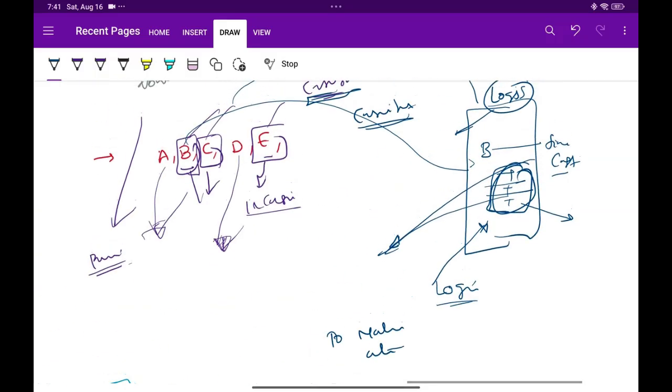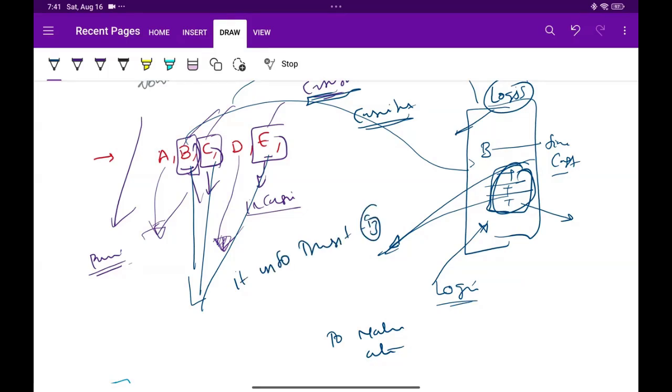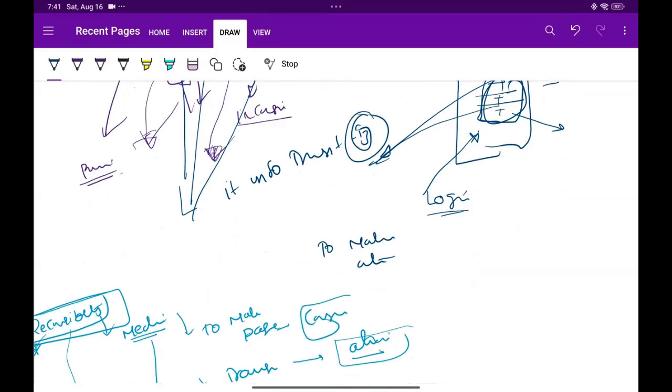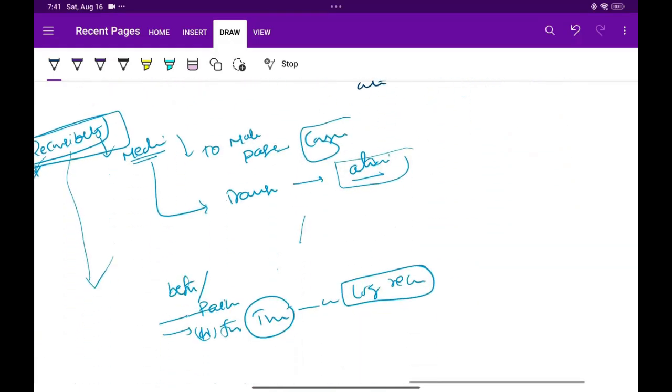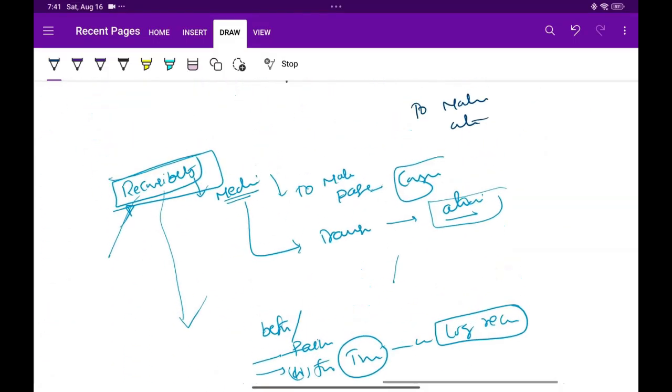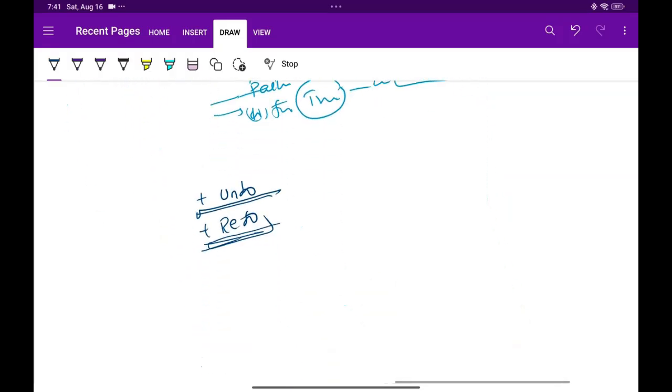For the previous example, B, C, E, it undoes transaction 3. By undoing transaction T3, it makes the pages consistent. The recovery mechanism takes the responsibility and does only two operations: undo and redo.